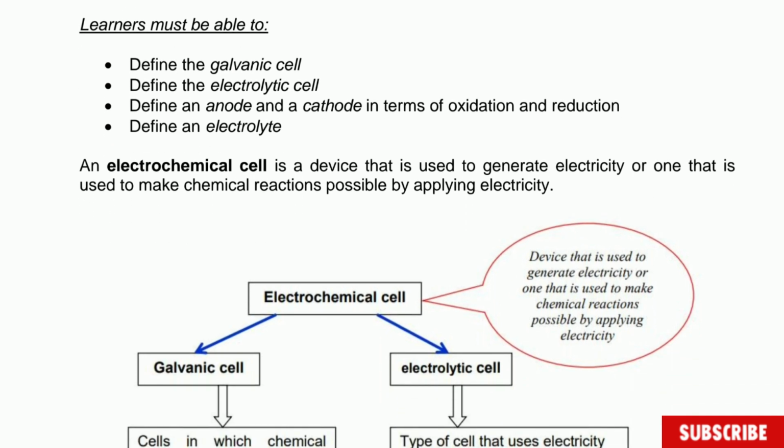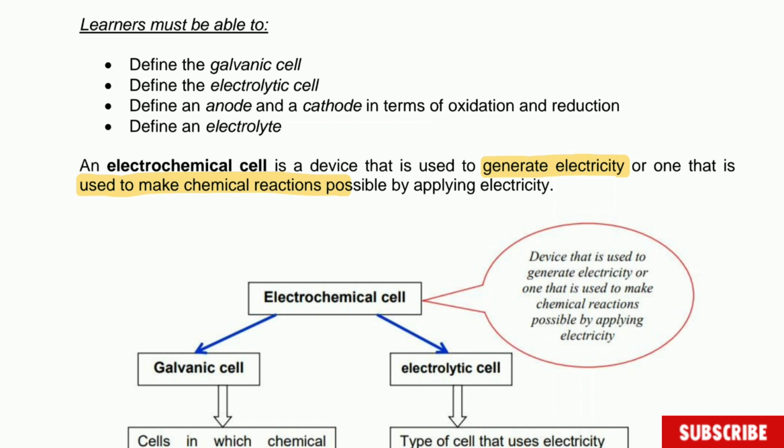What is an electrochemical cell? Well, an electrochemical cell is a device that is used to generate electricity, or one that is used to make a chemical reaction, so by converting energy.